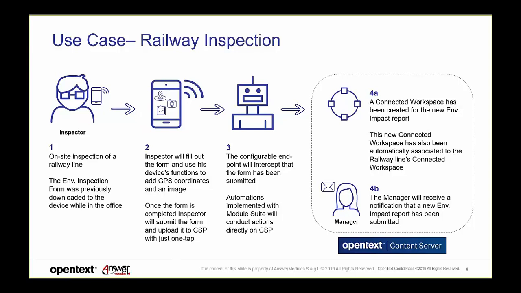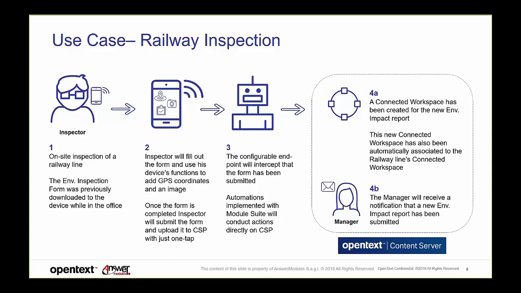Now, once that form is completed, he'll submit it directly from his device, and this is where things really start to get more interesting. Thanks to the configurable endpoint on CSP, and thanks to the module suite's capabilities, the submission of that form will actually trigger 2 automations directly on CSP.